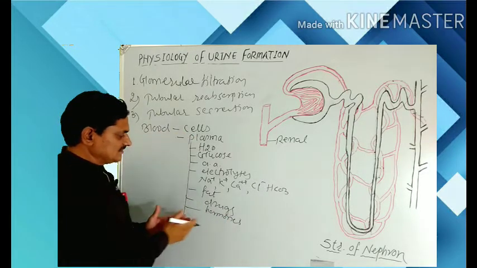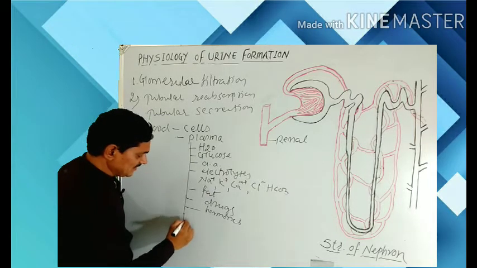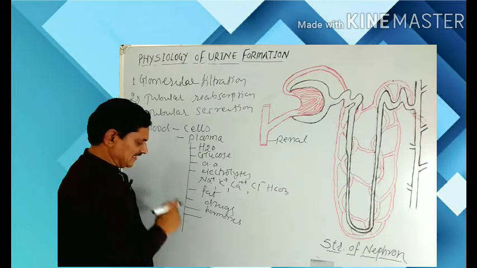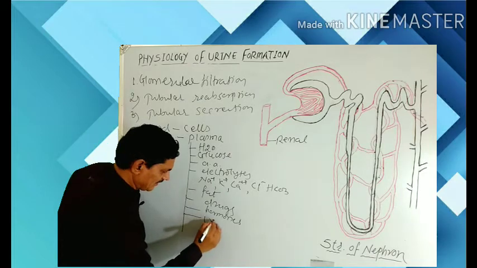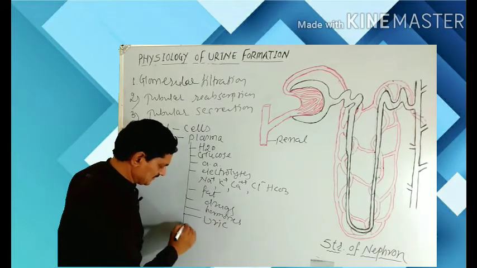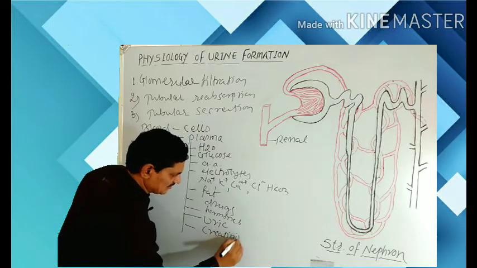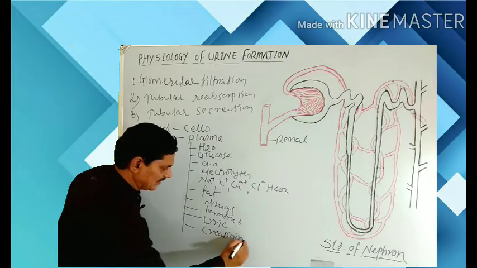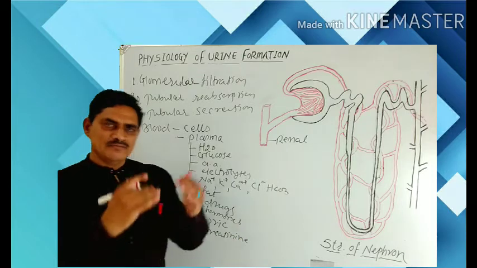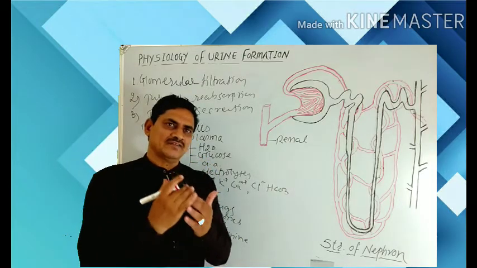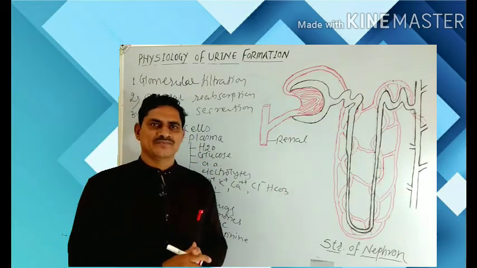And besides these substances, the nitrogenous materials are also present. There are uric acid, creatinine, and urea. These major nitrogenous waste materials are present within the blood.